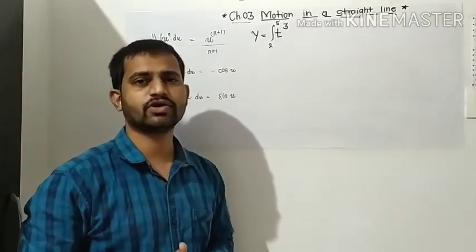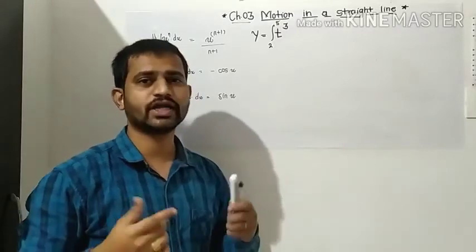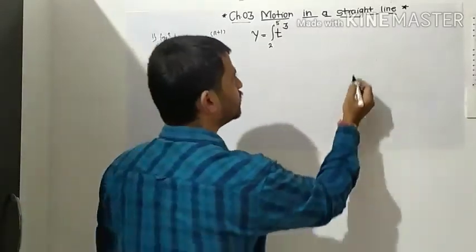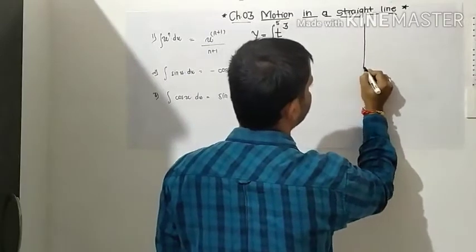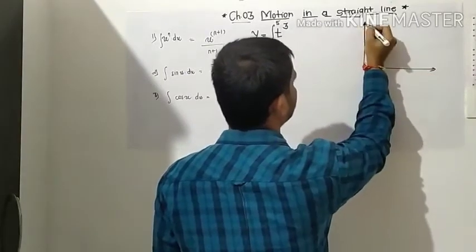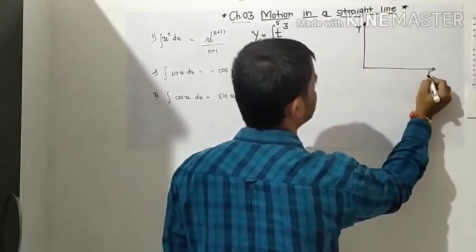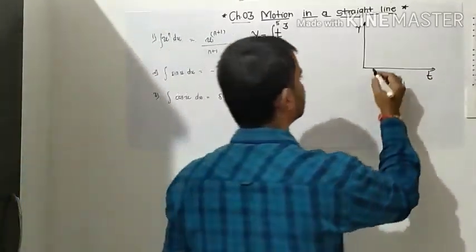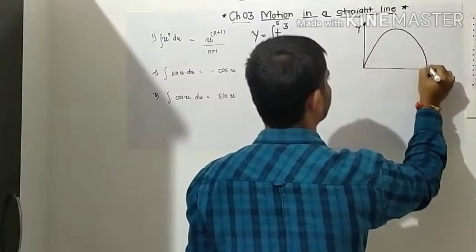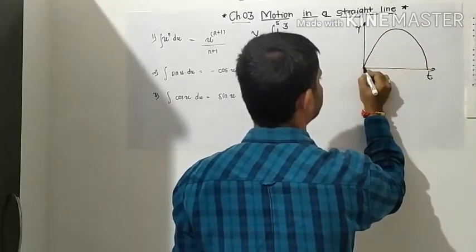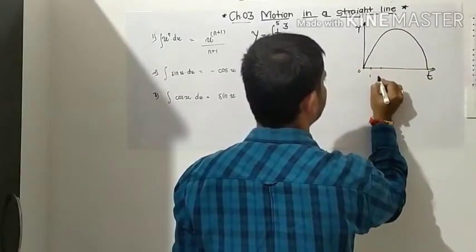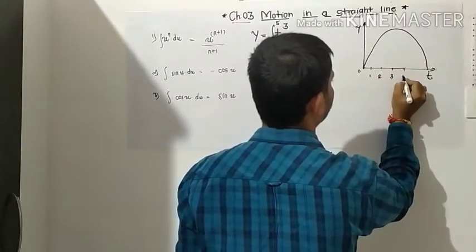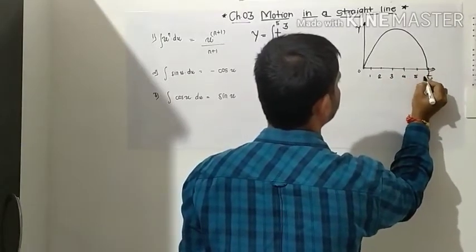Then in this case, suppose this is the equation of a curve. This is y, this is t, and whatever the value of t, accordingly we get one curve. Here is the 0, then 1 2 3 4 5 6.